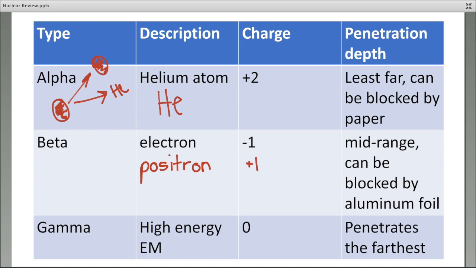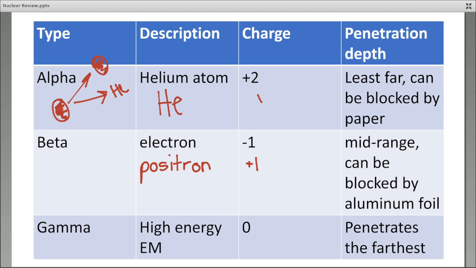I didn't see that anywhere in your stuff, so I just typed electron because I wanted you to focus on that. But I couldn't not tell you about the positron, because I felt like I wasn't giving you the full picture. And then beta radiation, you can block that with aluminum foil. So again, not too bad.